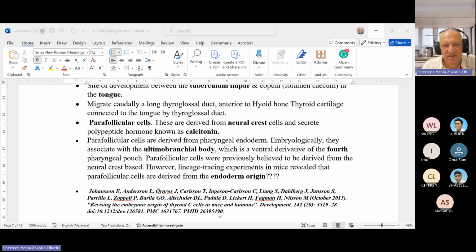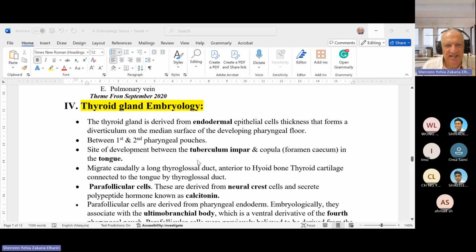So nowadays, we can consider the whole thyroid and parafollicular cell both as endoderm. In all the books, they consider the thyroid is endoderm and the parafollicular cell, which secretes calcitonin, is neuroectoderm. But in the last 10 years, they consider both as endoderm, so no ectoderm at all.